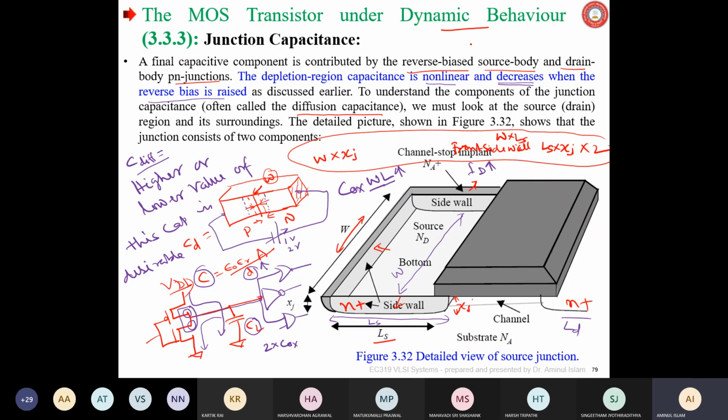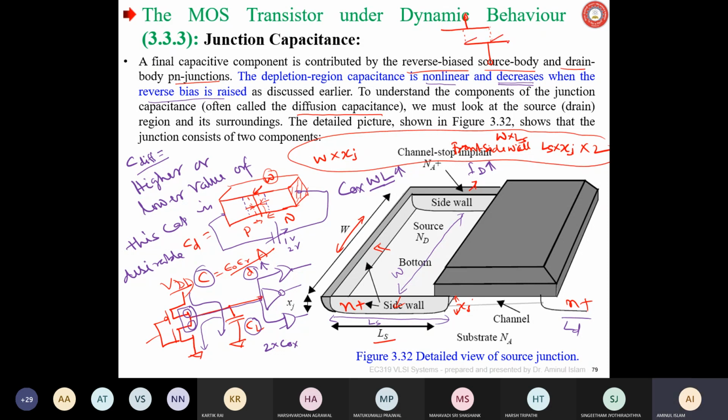Parallel plate capacitance, two plates. Suppose this is one plate, there is another plate. Within these two plates, if you want to find out the capacitance, you need to have the overlap area. You should have the knowledge of overlap. This much area, which area is overlapped, is going to give you the capacitance.